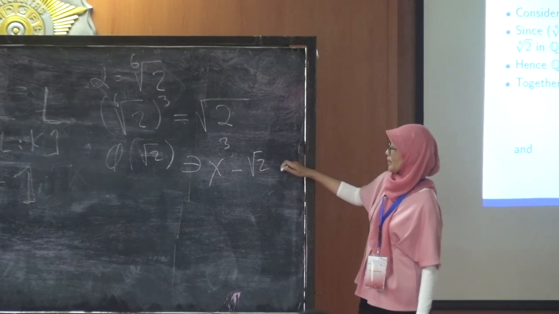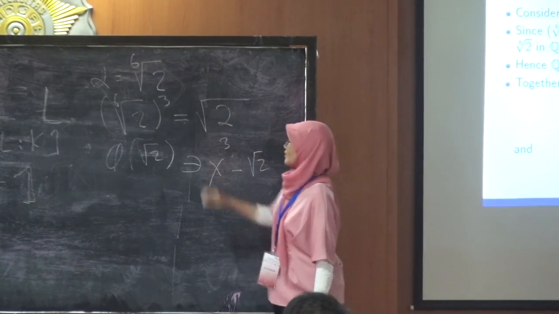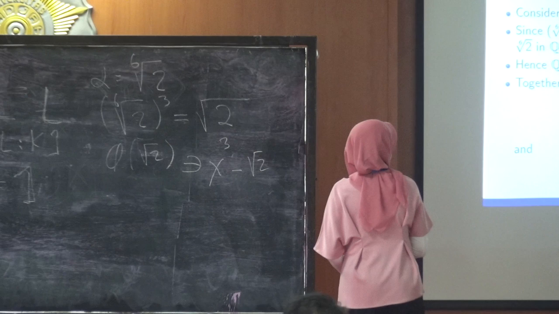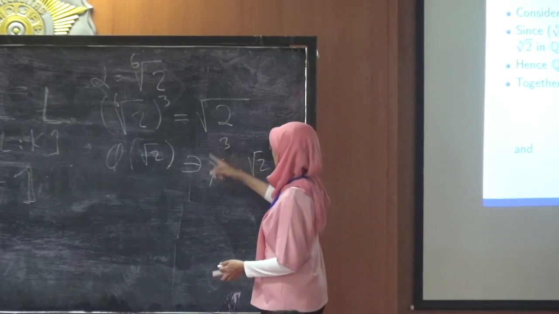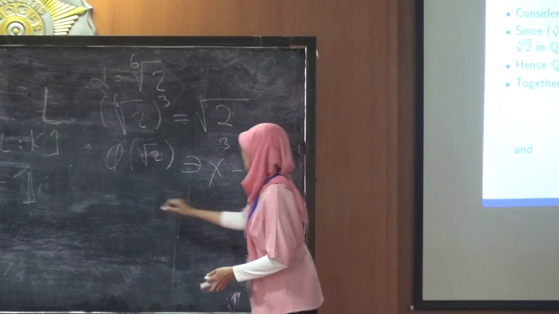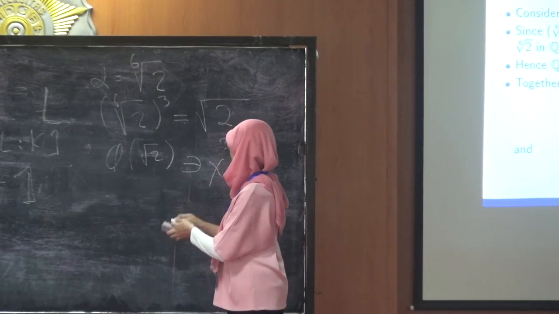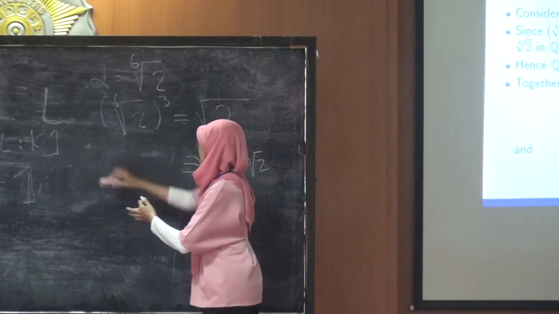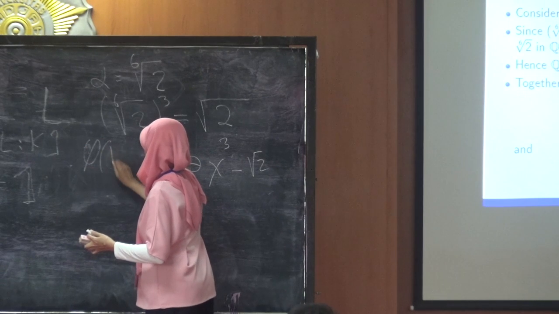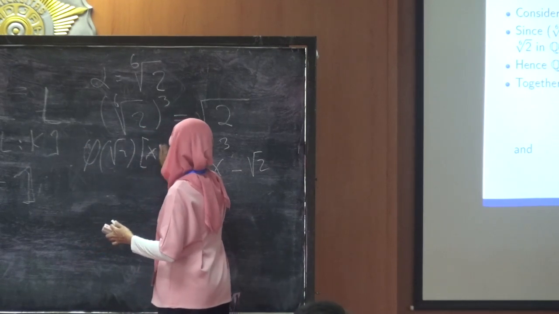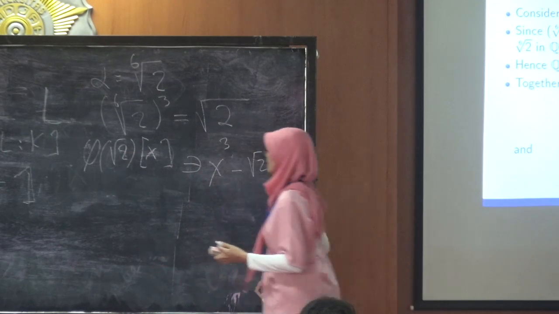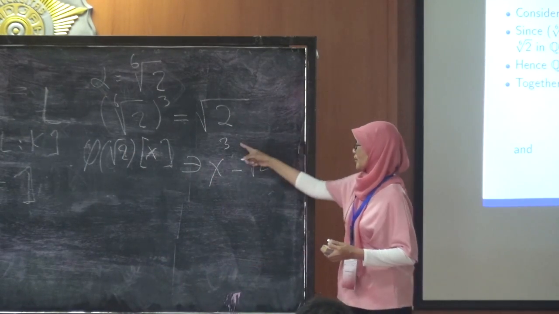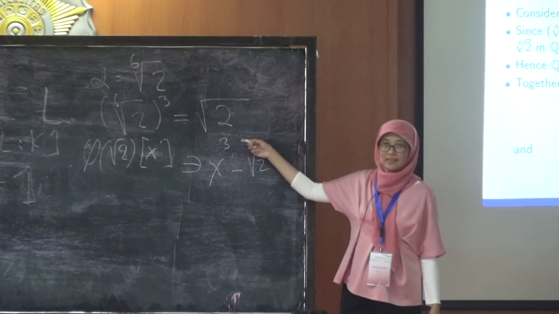This is the minimum polynomial and this is the root. Sorry, this is in Q(square root 2). This minimal polynomial, you see this is degree 3.